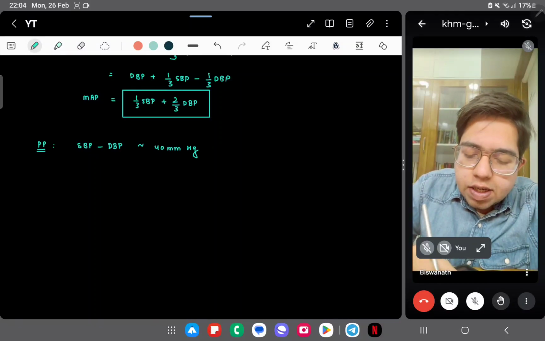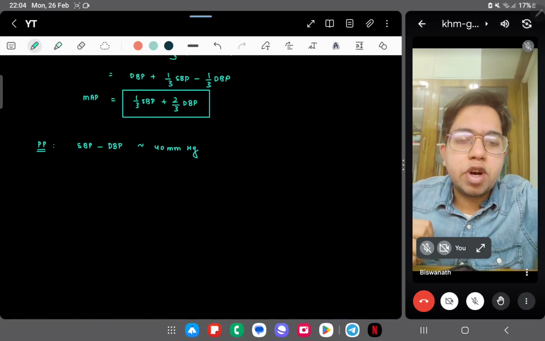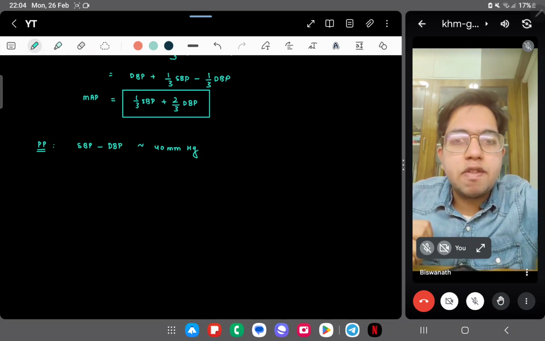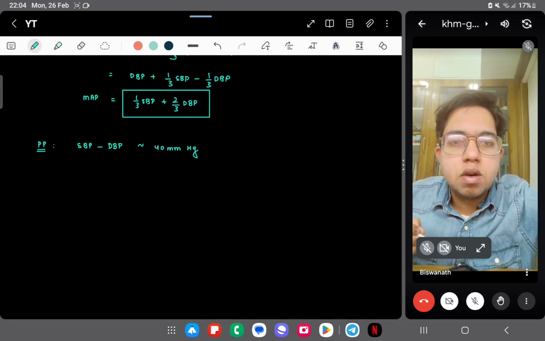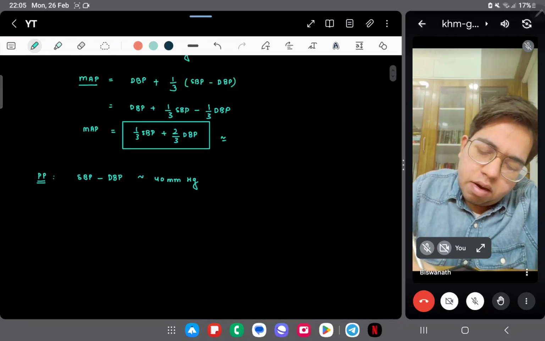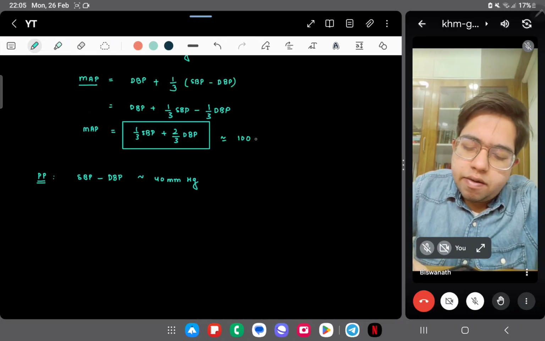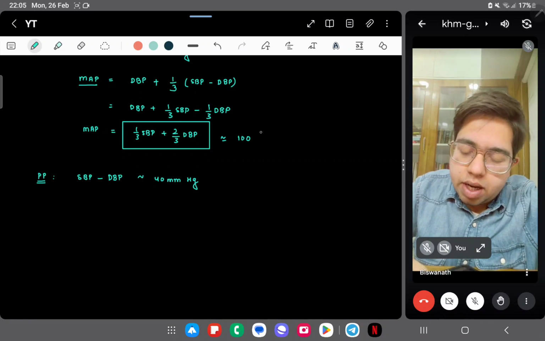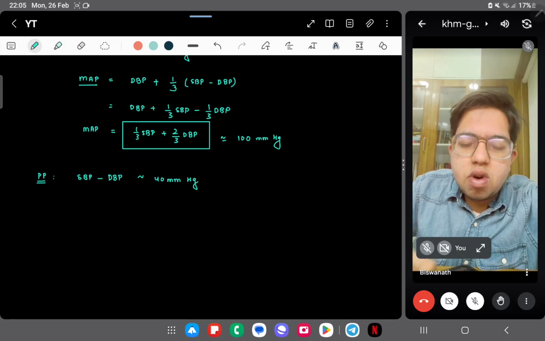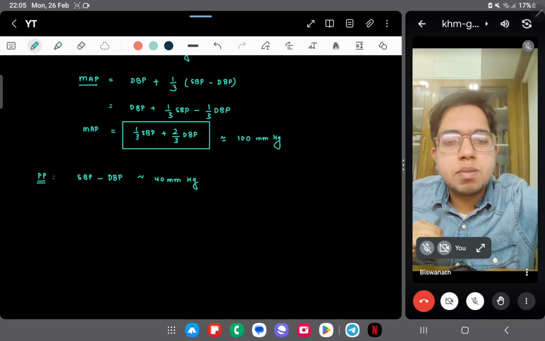Here we have ranges also. Some say it's 42 to 45 or 40 to 45. We have many ranges, like books differ in it. And MAP, it gets very complicated to remember the values, so you can just write 100 mmHg, around 100, 97 some say. You can just remember 100.